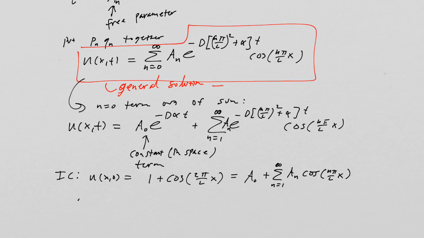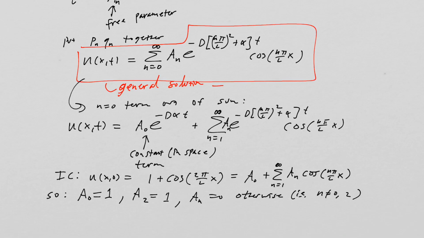It's pretty clear that a naught has to be 1. And we can also see that a2 has to be 1 as well. Okay? But then an equals 0 otherwise, i.e. for the n's not equal to 0 and 2.